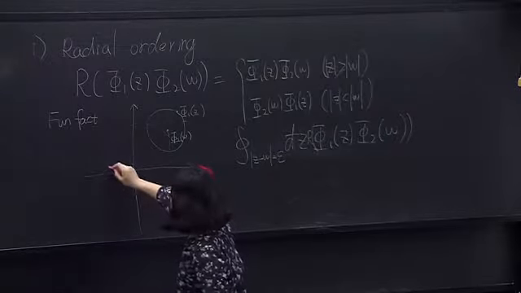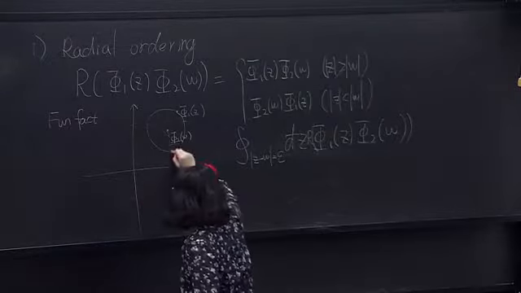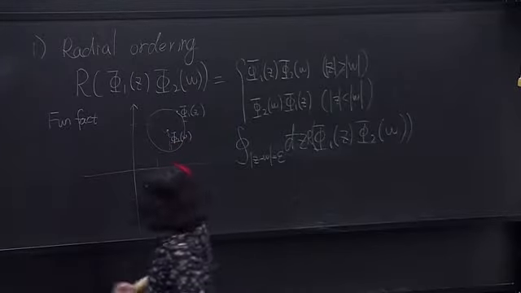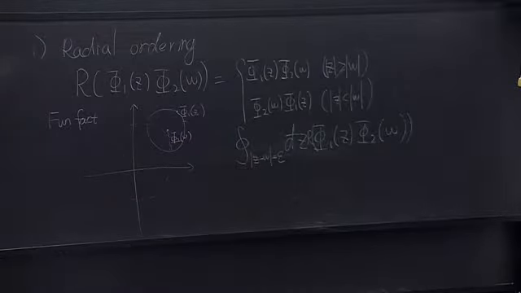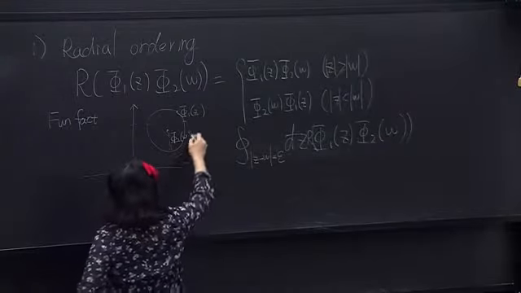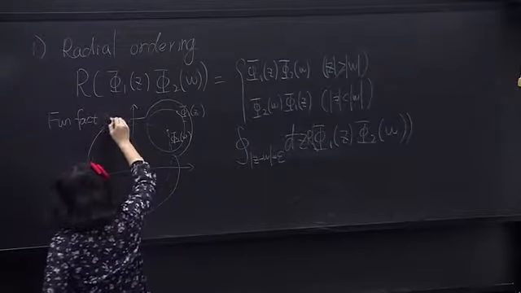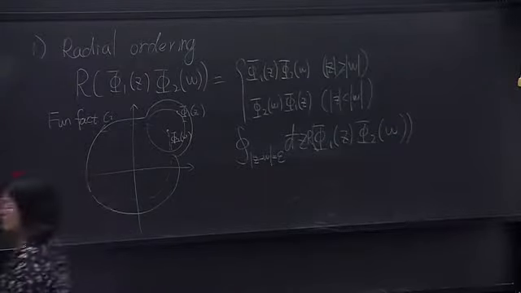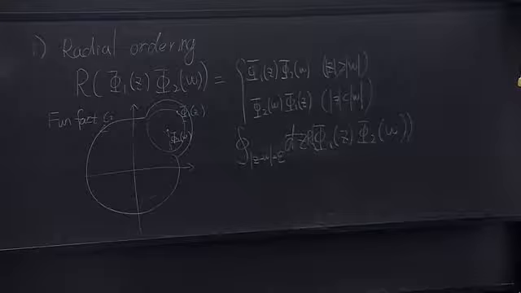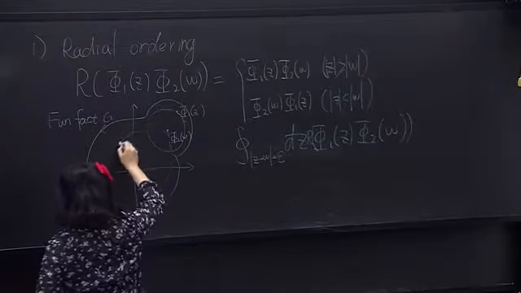So I meant to draw a circle. Assume this thing is a circle at w. So what we could do is deform the contour somehow. Says that we could do an integral here, and then do an integral there.